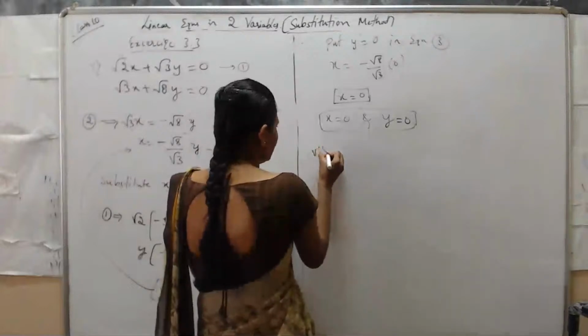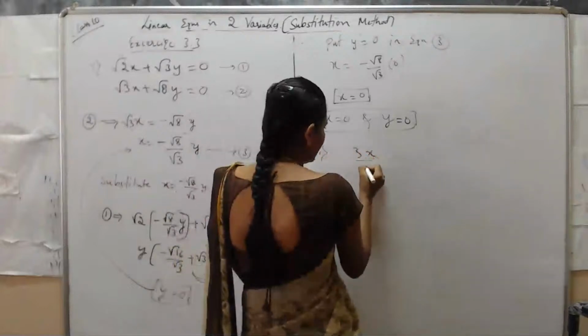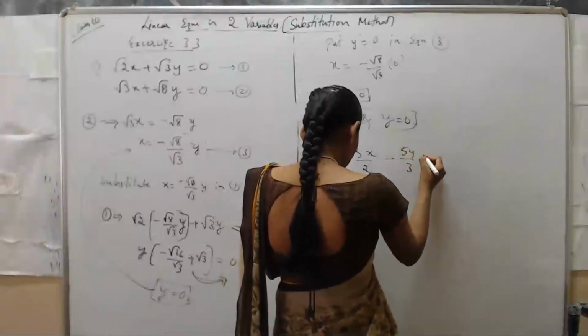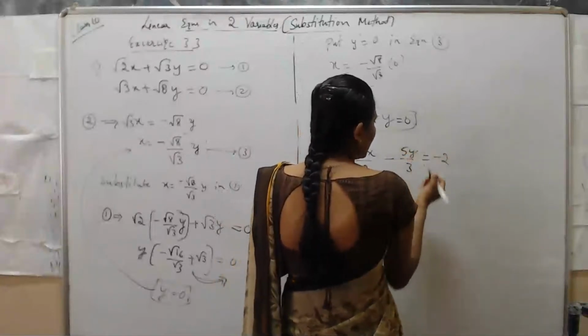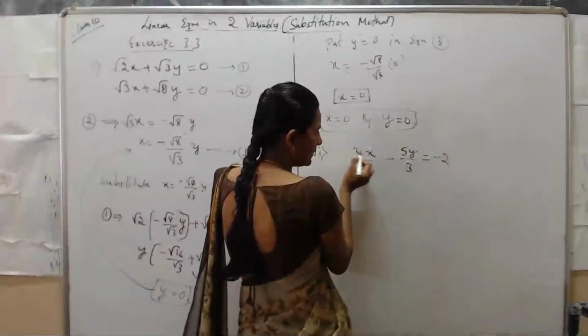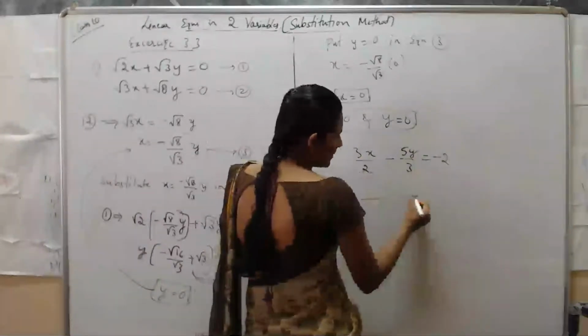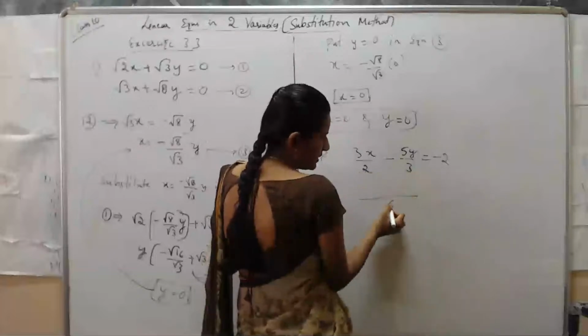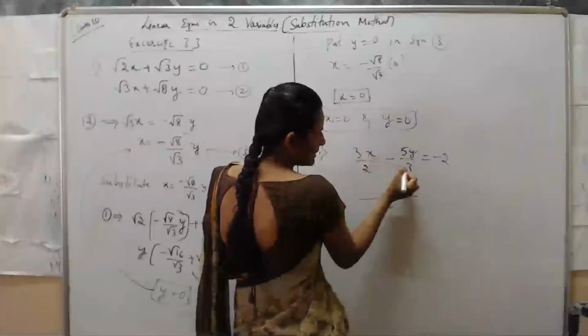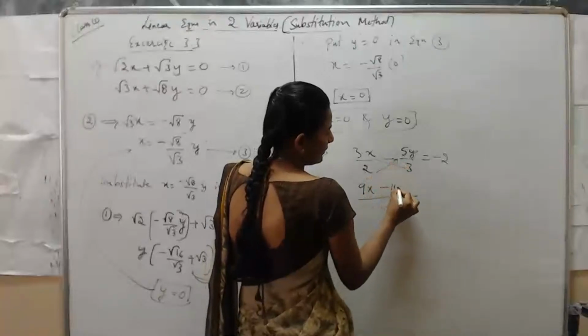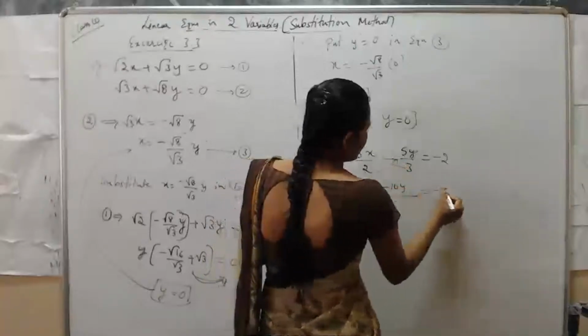This is the sixth question. 3x by 2 minus 5y by 3 is equal to minus 2. First you have to solve the denominators, means multiply. 3 2s are 6. Cross multiply. 3 3s are 9x, minus 5 2s are 10y is equal to minus 12.